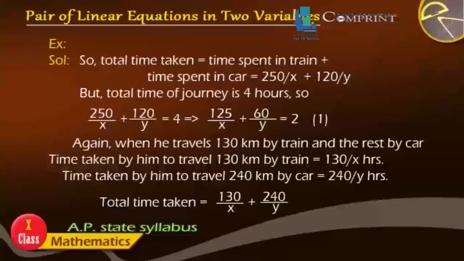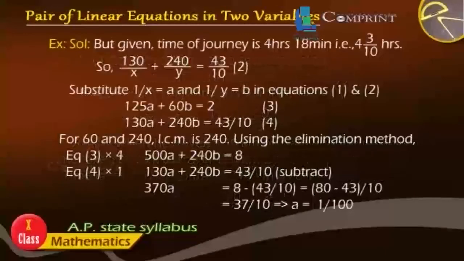Time taken to travel 240 kilometers by car is equal to 240 by y hours. Total time taken is equal to 130 by x plus 240 by y. But given time of journey is 4 hours 18 minutes, that is 4 and 3 by 10 hours. So 130 by x plus 240 by y is equal to 43 by 10. Equation 2.